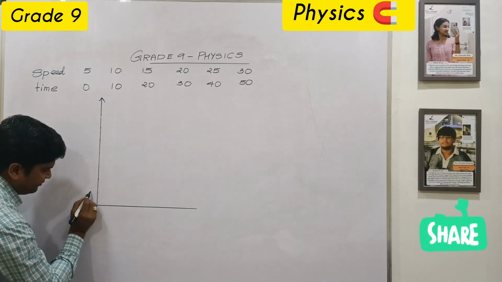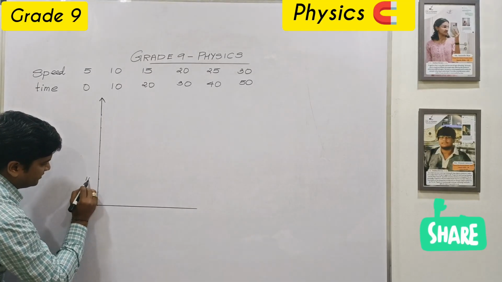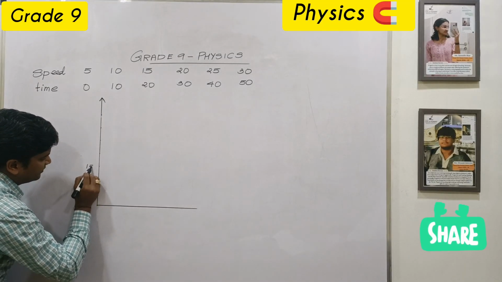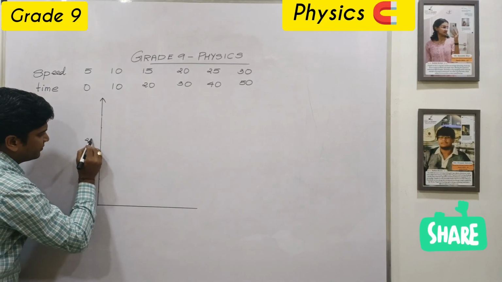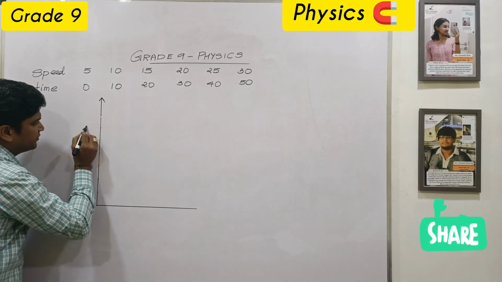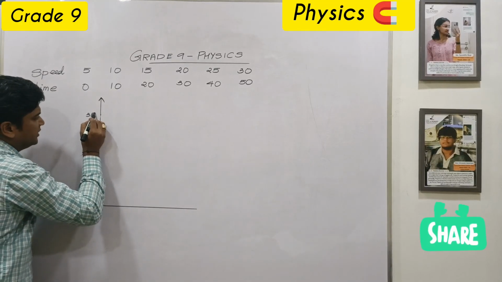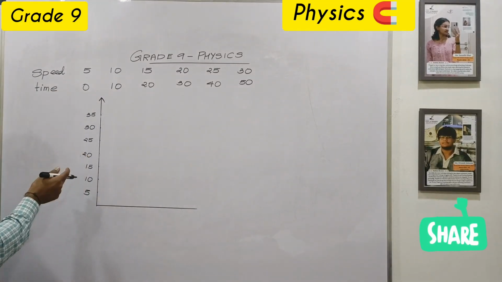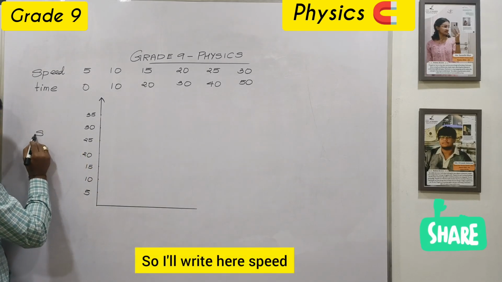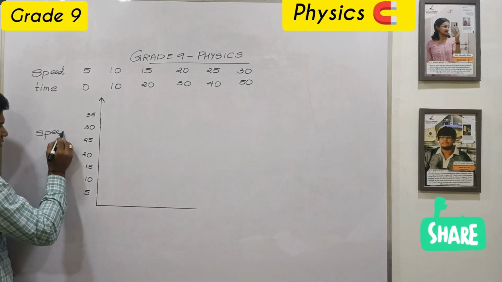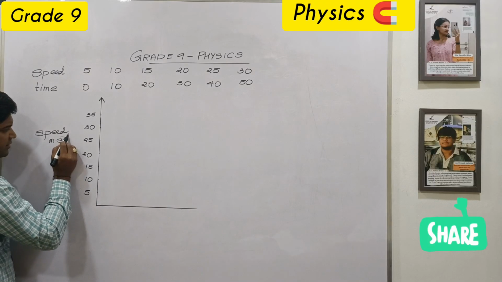So this is 5, 10, 15, 20, 25, 30 and 35. This is marked on the y-axis, that is the speed. I'll write here speed, and the SI unit of speed is meters per second.